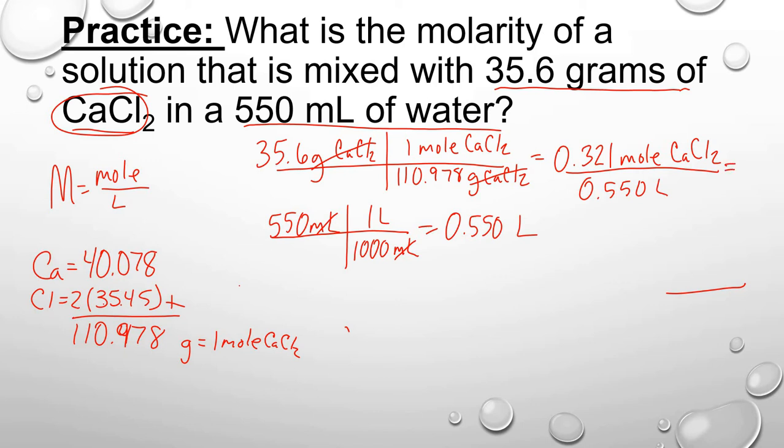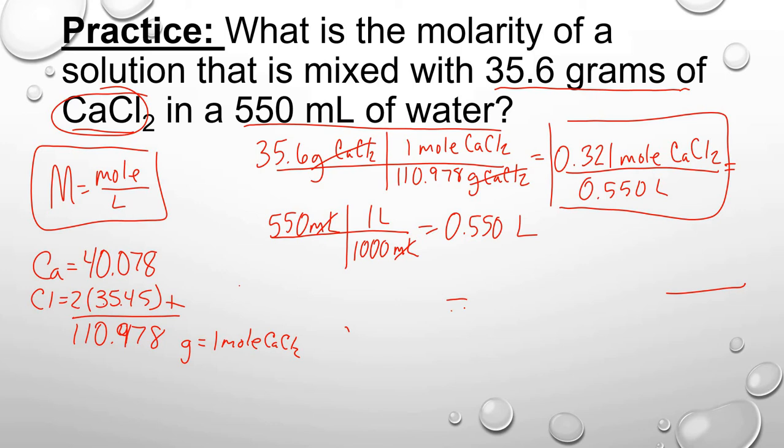Okay, so I've taken and split it into 2 different parts. I wasn't given moles, but I knew I could change grams into moles. I wasn't given milliliters, but I knew I could change milliliters into liters. Then I set it up like this, right here.